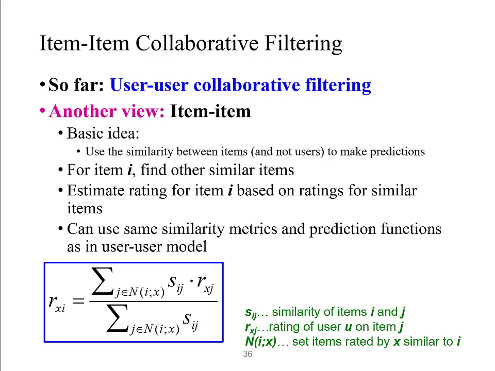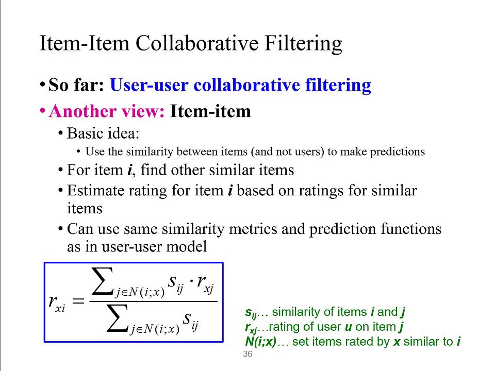The idea is that we want to predict or estimate the rating of item i given by user x. So for user-based collaborative filtering, the idea is to find similar users to user x, where all these users have a rating of item i.